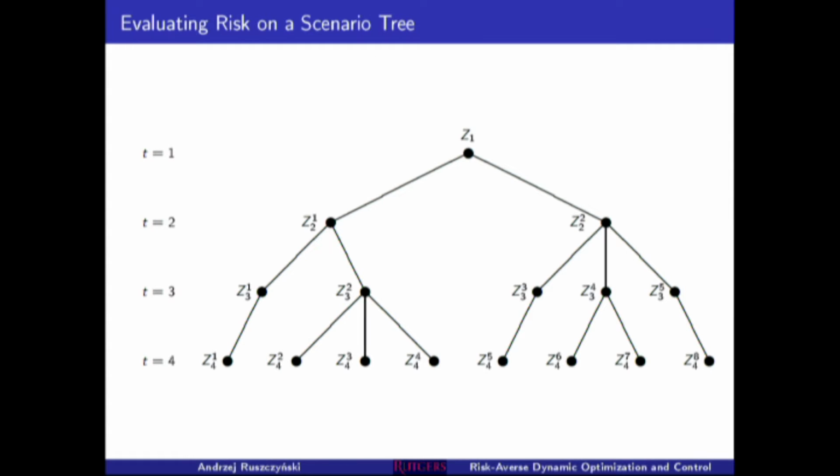This is best illustrated on a tree. At the beginning, suppose that we have a stochastic process with 4 stages and with discrete distribution given by this tree. Okay, so at the very beginning, when we want to evaluate the risk of this tree, then of course one number will be evaluated here. Now at stage 2, we shall evaluate whatever is to be seen after stage 2.